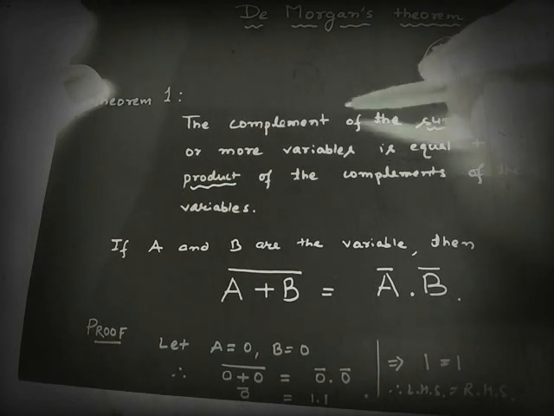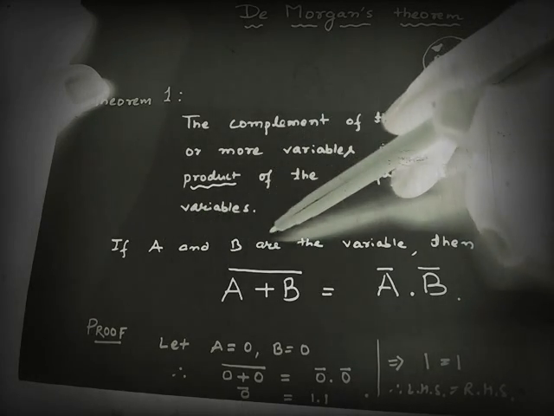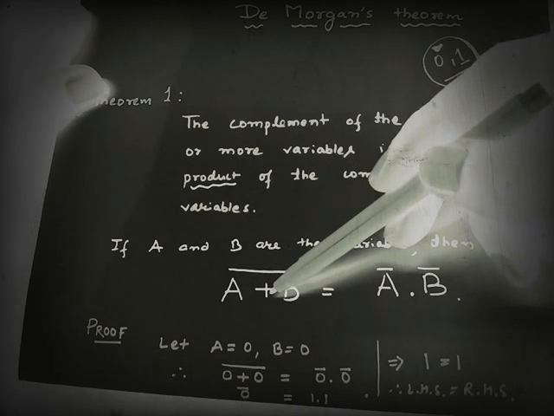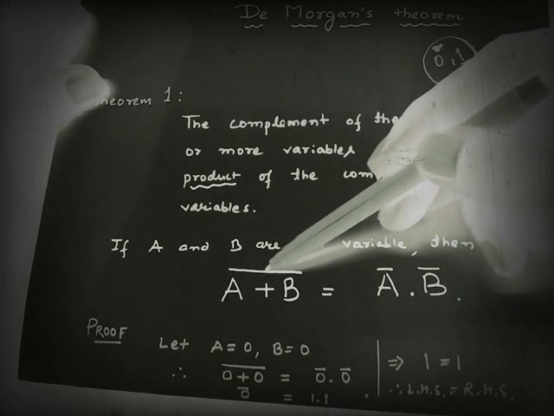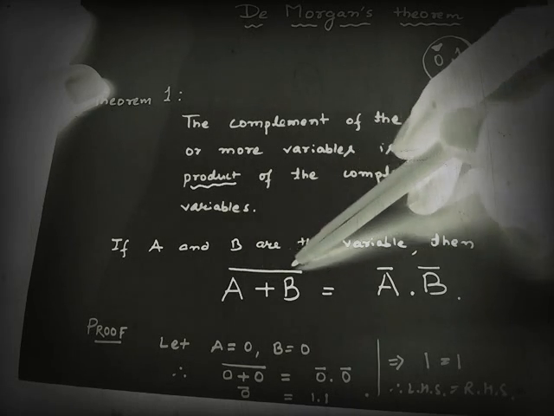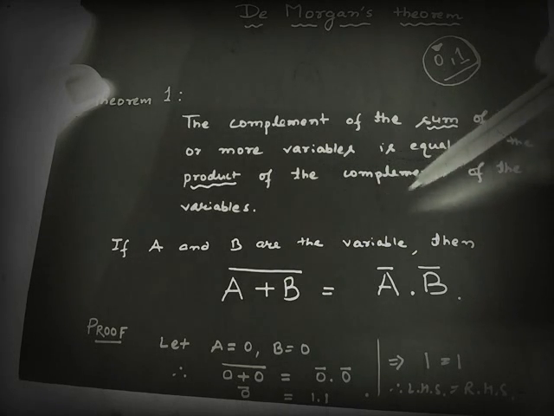So the complement of the sum of two variables. If the variables are A and B, then A plus B will be the sum, and its complement will be a line drawn just above A plus B. This is the complement of the sum of the two variables.